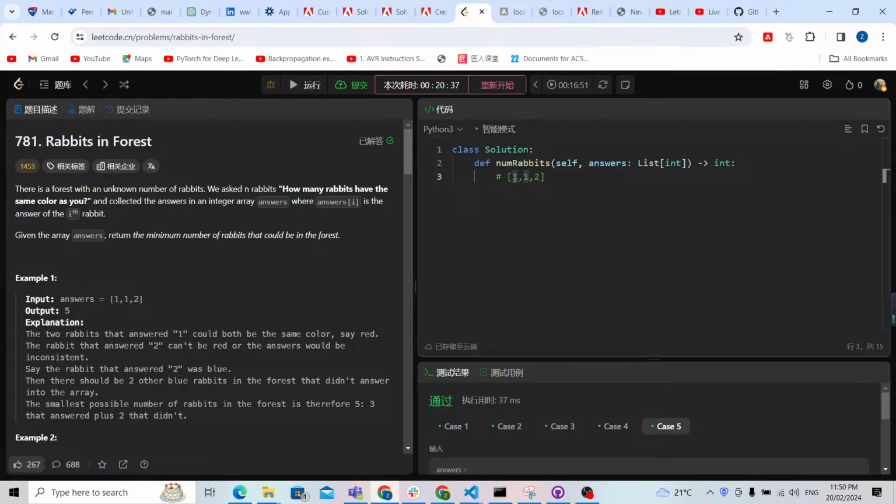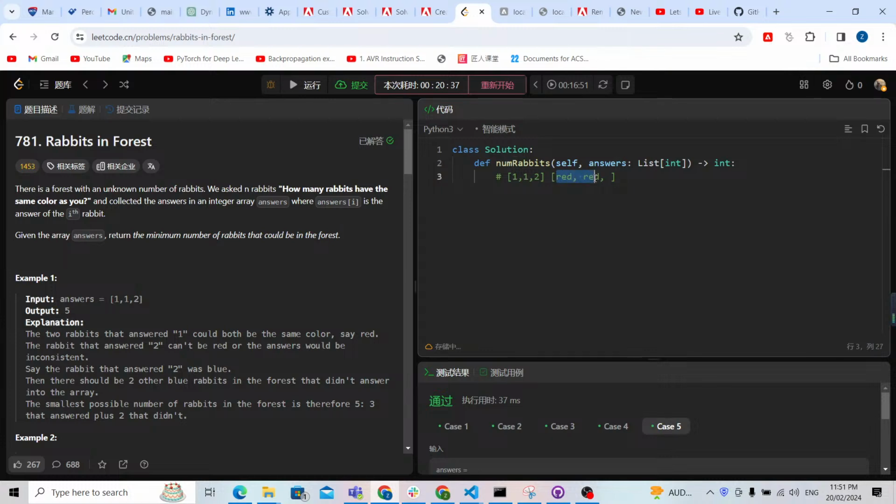So there are two ones, so 1 and 1. This one means I am a rabbit, and I know there's another rabbit which has the same color. So for example, I was red, and another rabbit, the color was also red. So this is the minimum.